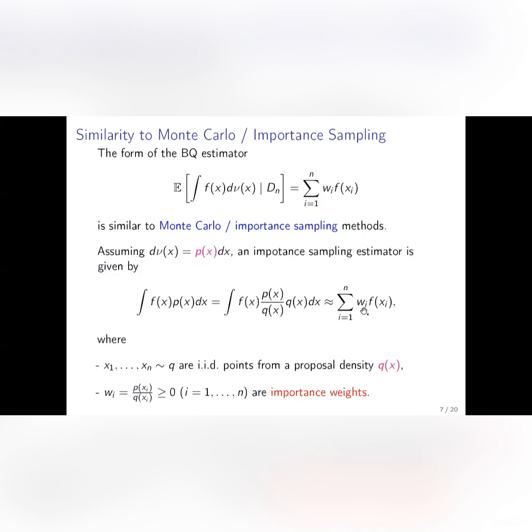Here the weights are given as the ratio of the two densities evaluated at the design points, and these are called the importance weights. So by definition, they should be non-negative.